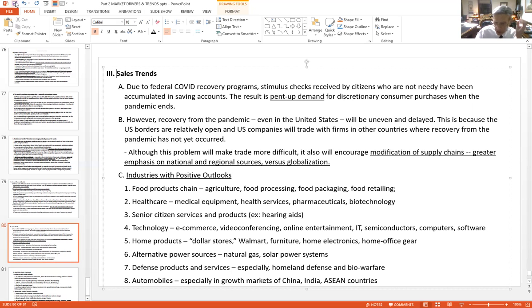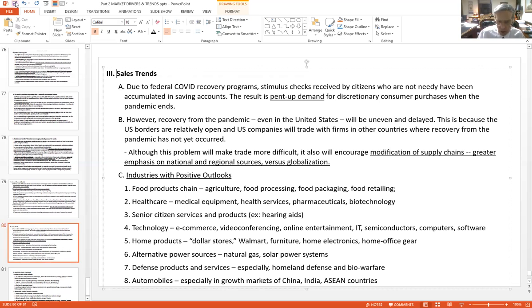So to the extent that we deal with people who are not as well protected as we are, we're subject to the viruses that they bring with them. The result of this situation probably will be modification of supply chains with greater emphasis on national and regional sources as opposed to the globalization trend that we read about in our textbooks today.